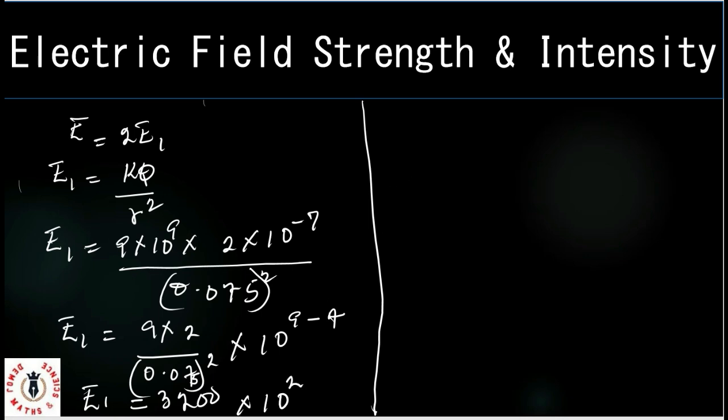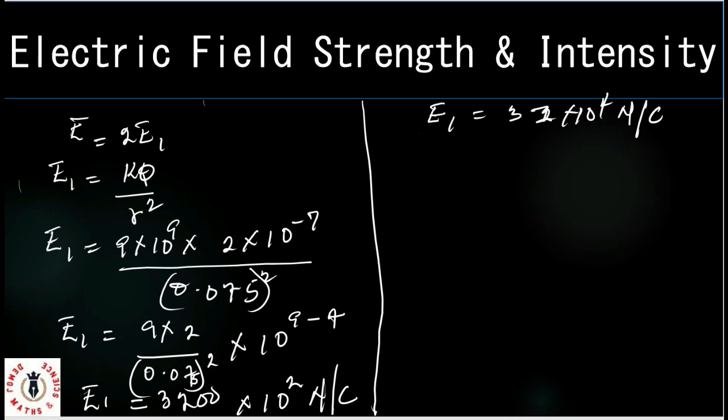That one is electric field intensity, which is Newton per coulomb. So E1 is the same thing as, not 3.2, please, that's 32. 32 is 3,200. That's 32 times 10 raised to power 4 Newton per coulomb.